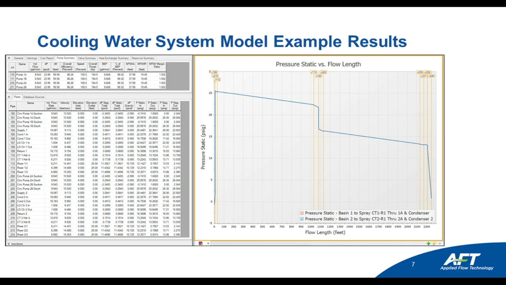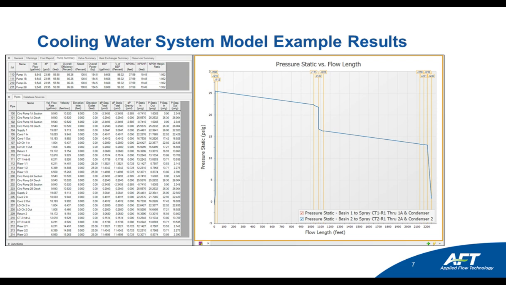It also captures the results in the piping for velocities, flow rates, and pressure losses in the pipes. And on the right-hand side, we've captured a profile of the pressure from the cooling tower basin all the way to the cooling tower spray nozzles.